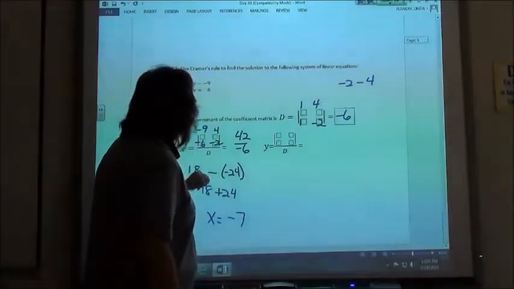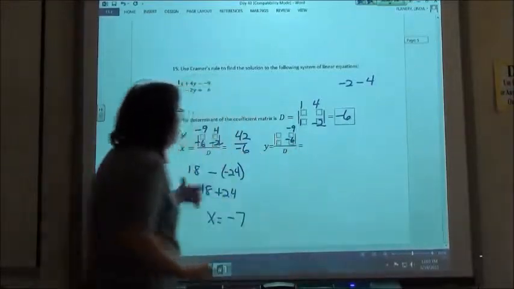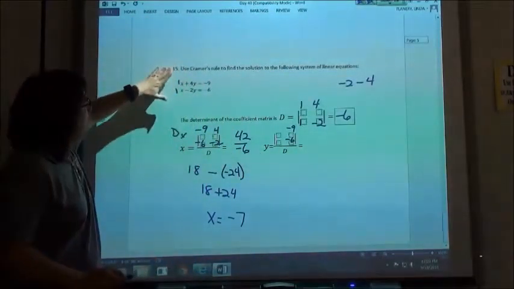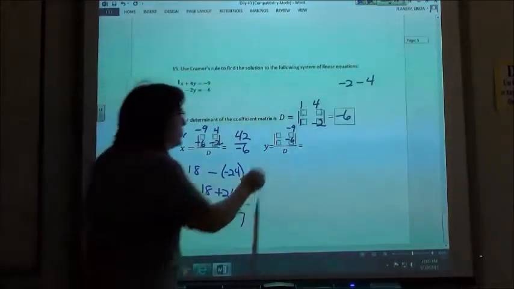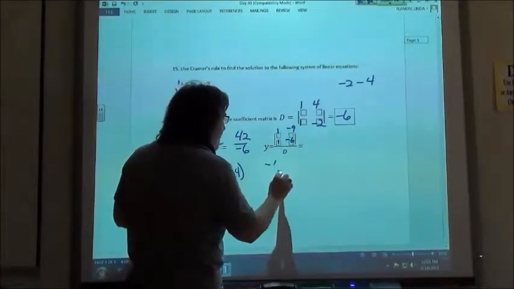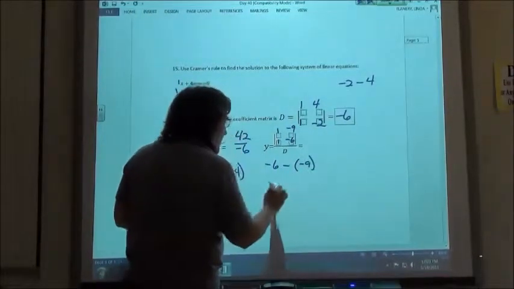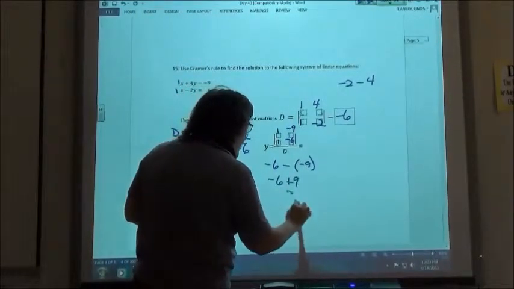For D sub y, we're going to replace the y column with the negative 9 and the negative 6. Our x's are going to stay the same, so those are going to both be 1s. So we're going to have negative 6 minus a negative 9. Negative 6 plus 9 would be 3.